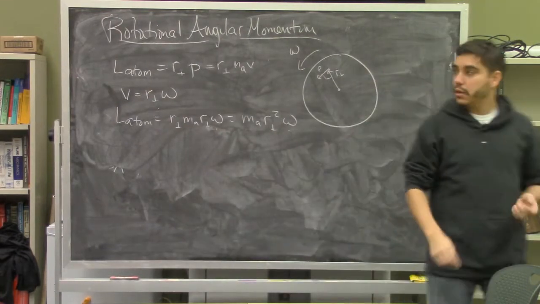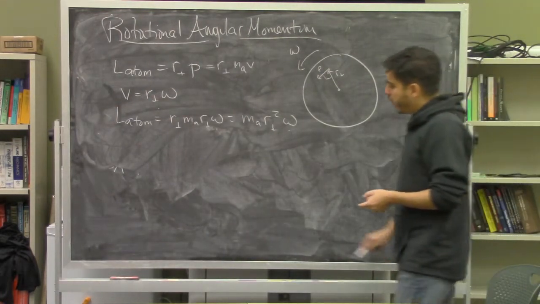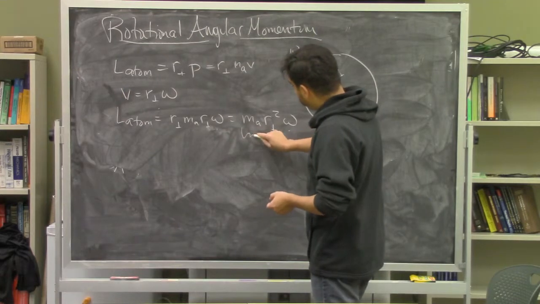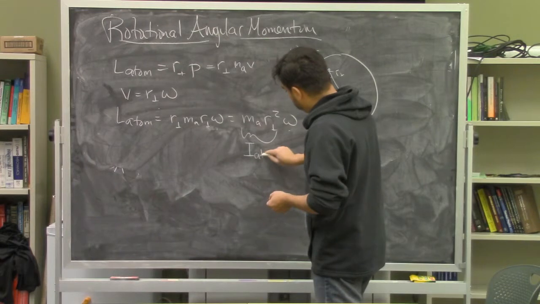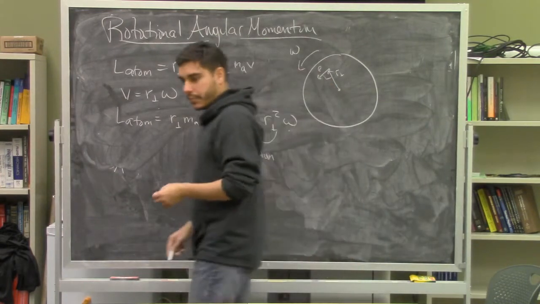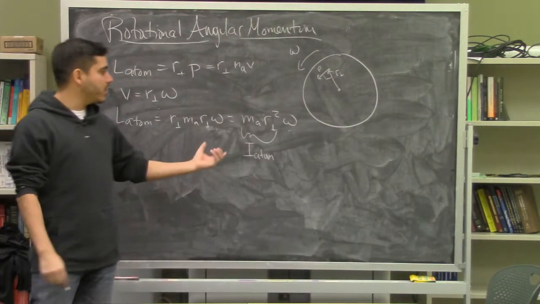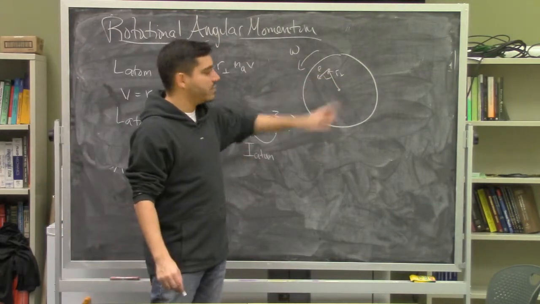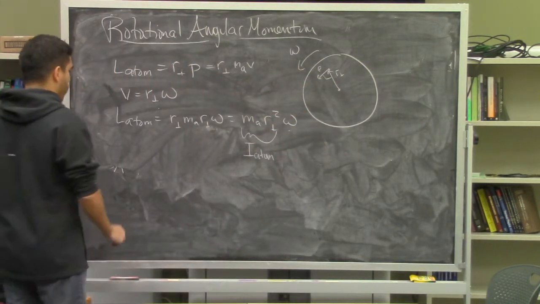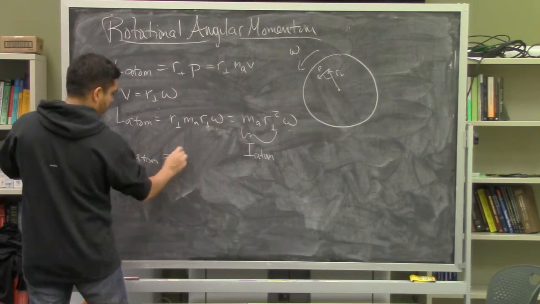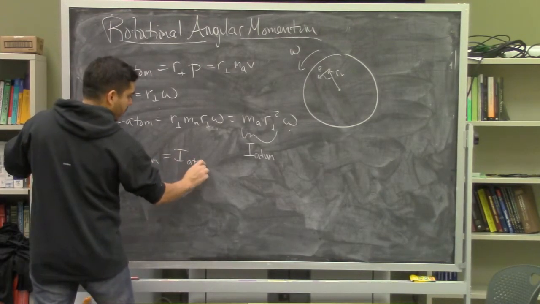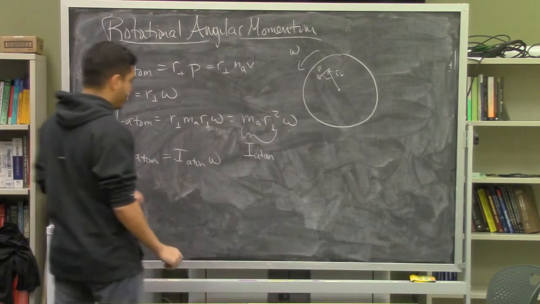Now that's a very nice way of writing it, because if you remember, this thing right here looks like a moment of inertia. It's a mass times a distance squared. And it turns out that that's the moment of inertia of this atom at a distance r perpendicular from the center. So in fact, the angular momentum of this atom is the moment of inertia of the atom times omega.